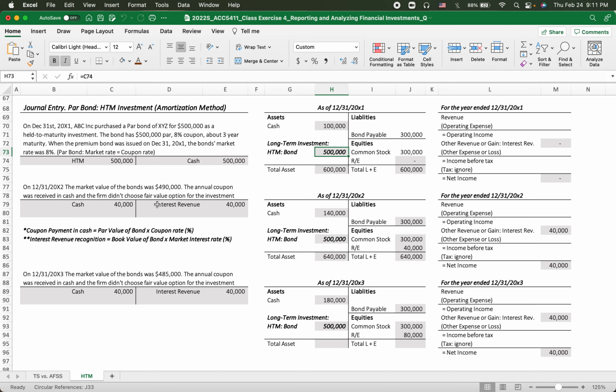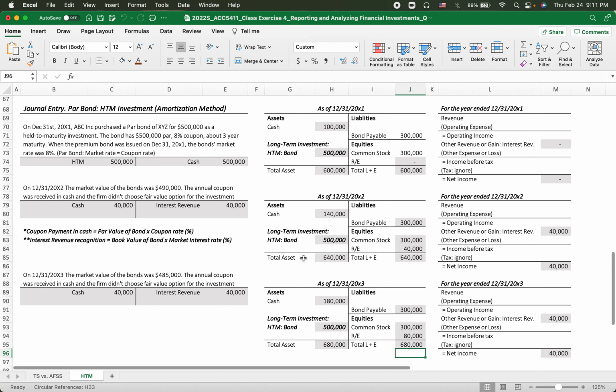There's no amortization because again the coupon rate, the par value, the initial investment, and the market rate of investment are the same. So this amount will be the par value, which is the amount of the return, right? So we just balance that out.